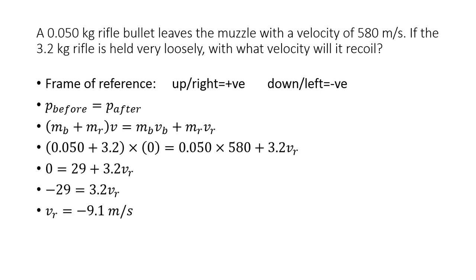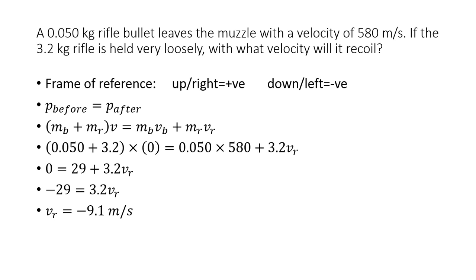Okay, so like I mentioned before, because the bullet is flying out to the right and it causes recoil, the gun's going to want to go to the left. So if the velocity of the bullet is positive, going to the right, then the velocity of the rifle has to be negative. And maybe it would be good for you to just convince yourself that the momentums of those two objects are equal and opposite. Just calculate the momentum of the bullet: 0.05 times 580.